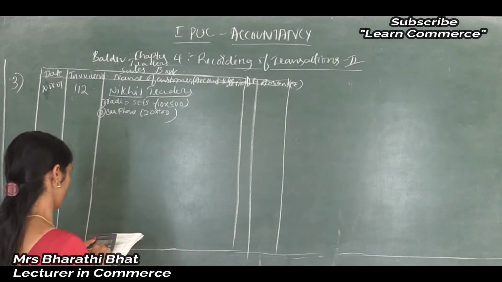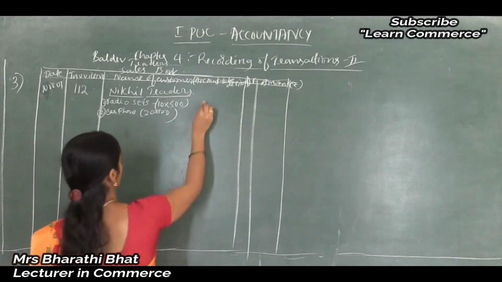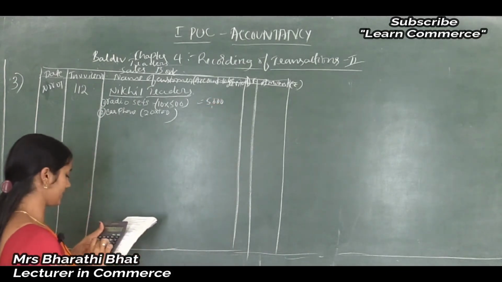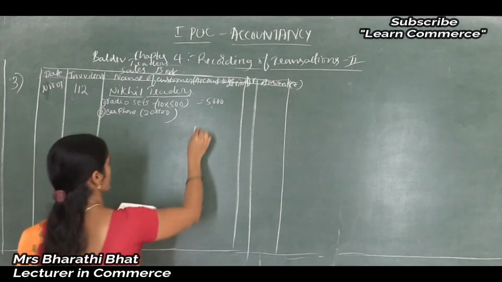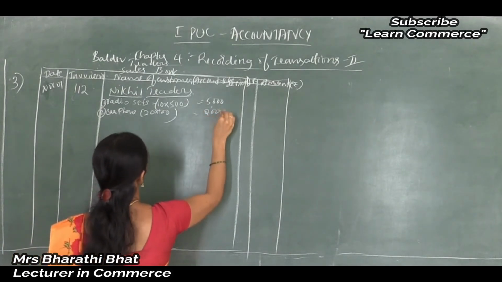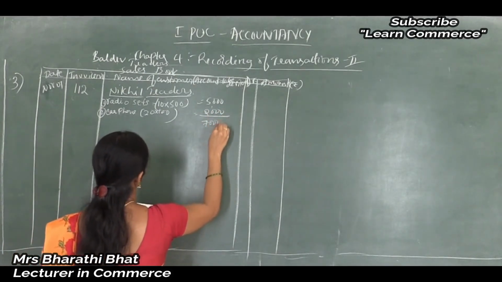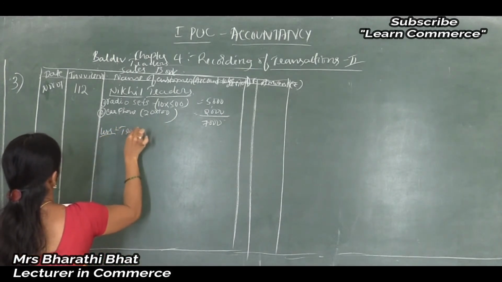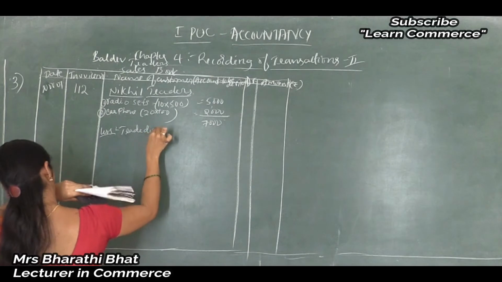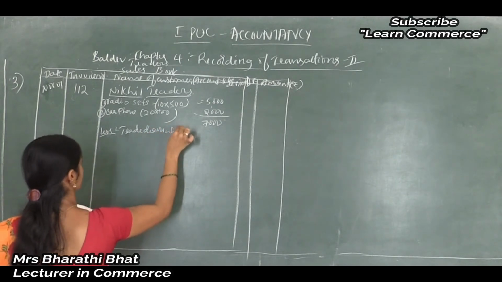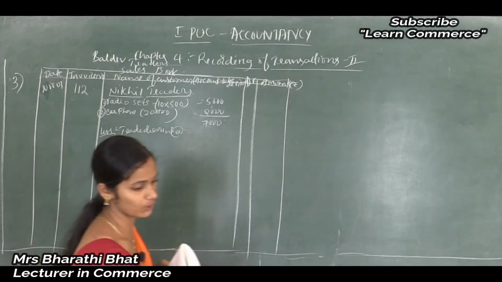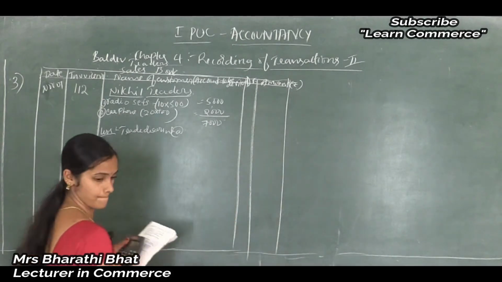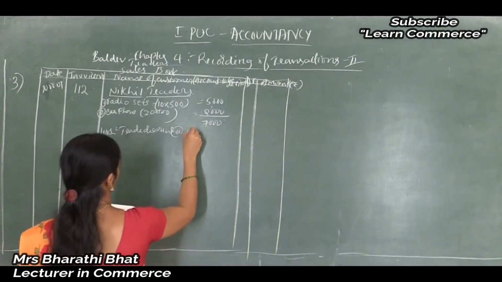So 10 into 500, first one 5,000, amount here 5,000, and 20 into 100, so 2,000. Total 7,000 and less trade discount at 10%.